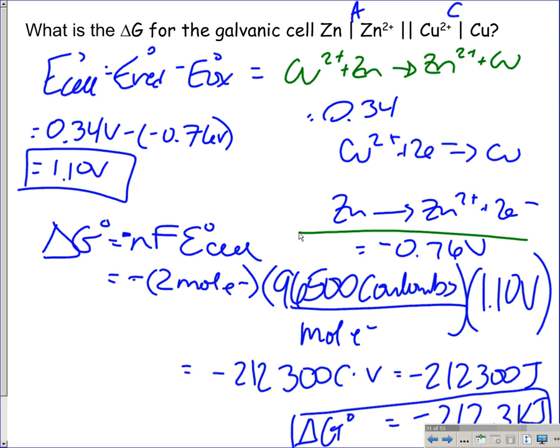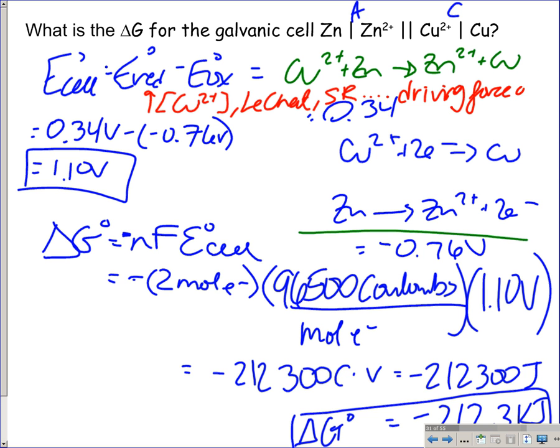So, how can I write this? Increase concentration of copper 2, according to Le Chatelier, will shift right. Increase it, shifts right. Okay? So, this way, the driving force of the forward reaction also increases because I'm shifting right. I'm increasing the force of the forward reaction.